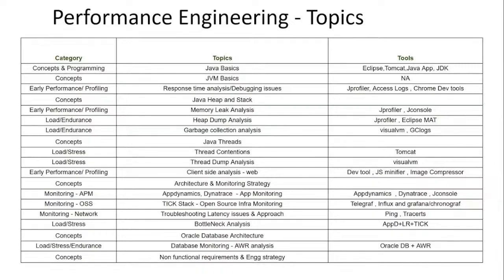Why Java? As I said, performance engineering is going to be technology agnostic, programming language agnostic. In any architecture you might have different programming languages: Java, .NET, Python, Node.js. It can be one or more, definitely. And there are a couple of reasons why we have Java as a focus area.